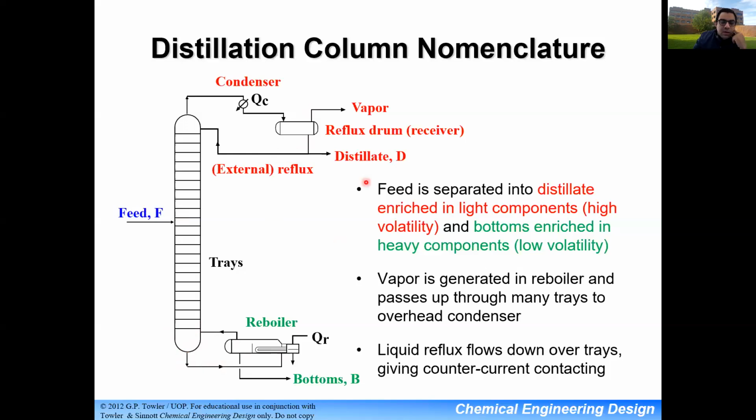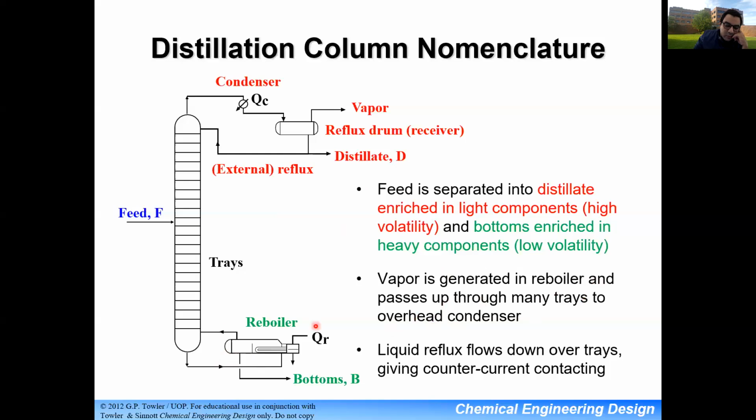And your feed, so basically your feed is separated into distillate, which is your light end, high volatility, lower boiling point, etc. And your bottoms, which is your heavy end, your heavier component, low volatility or lower volatility, whatever it is. Vapor is generated in the reboiler and passes up through many trays to the overhead condenser.